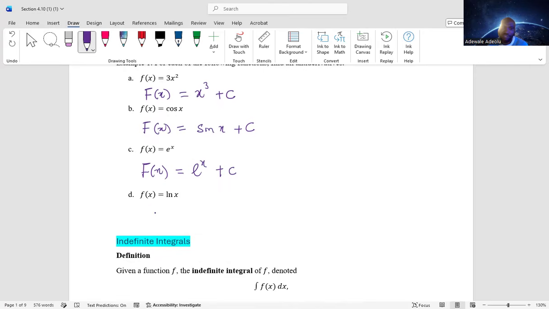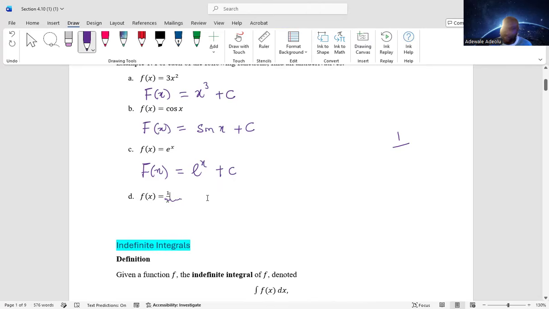Also, if I ask you, what is that function such that when we take its derivative, it will give us 1 over x, then you should be able to say, well, it is this function, natural log of x.